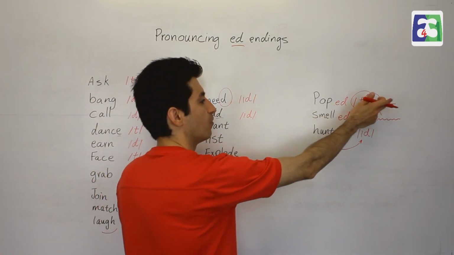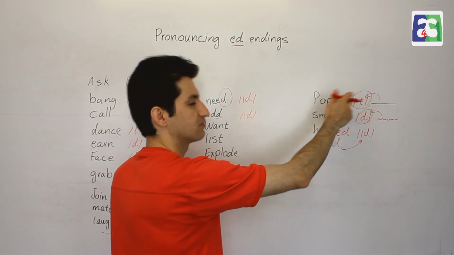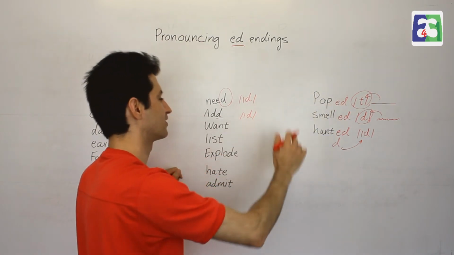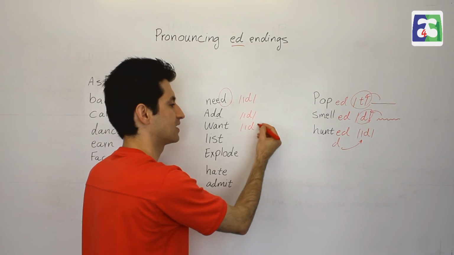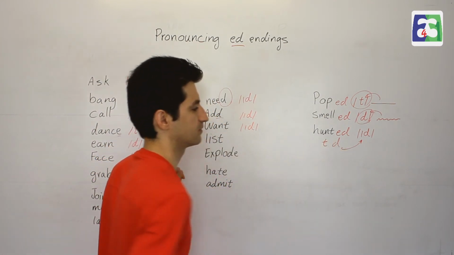But I can't pronounce ed after T, just T. So I can't just say want-T. No, it's not easy to pronounce. So what I do, I just pronounce id. So another letter that goes over here is T.